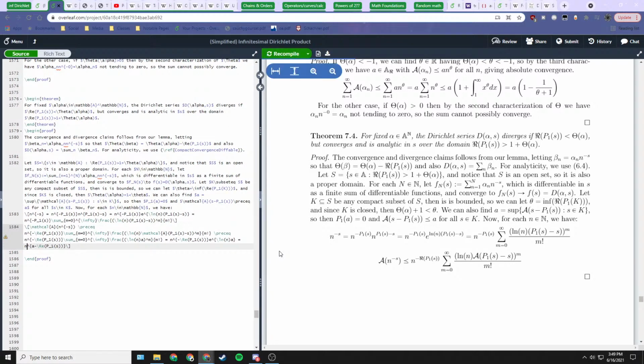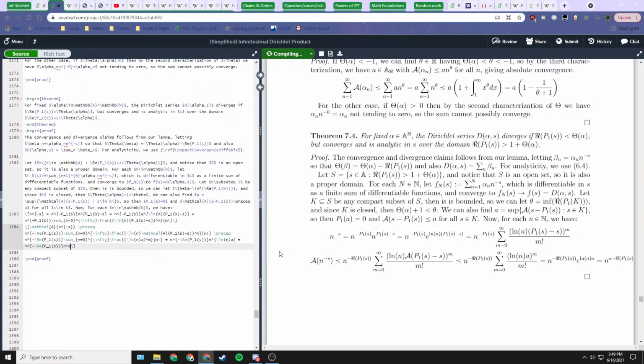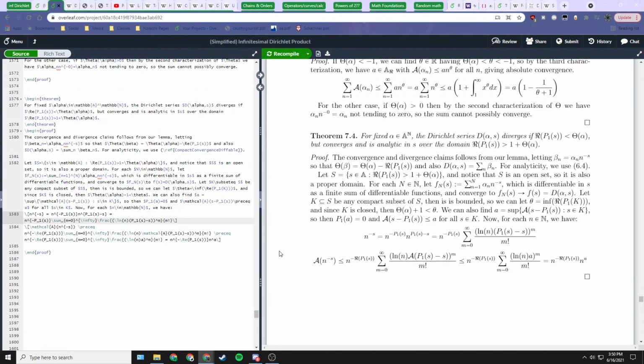Actually, we don't really want to combine these, do we? So maybe cut down on a couple lines. Okay, I think this checks out.